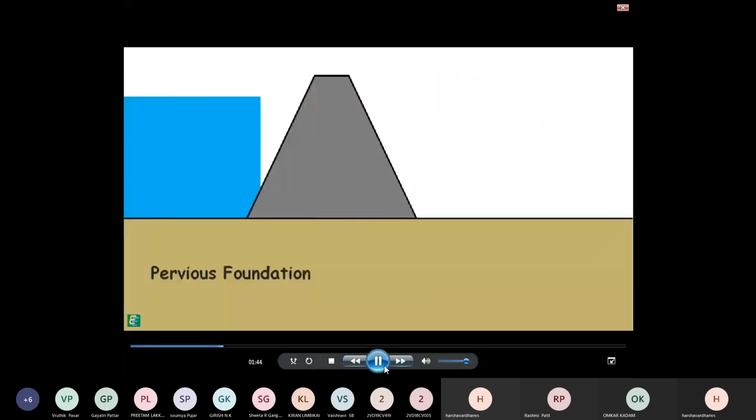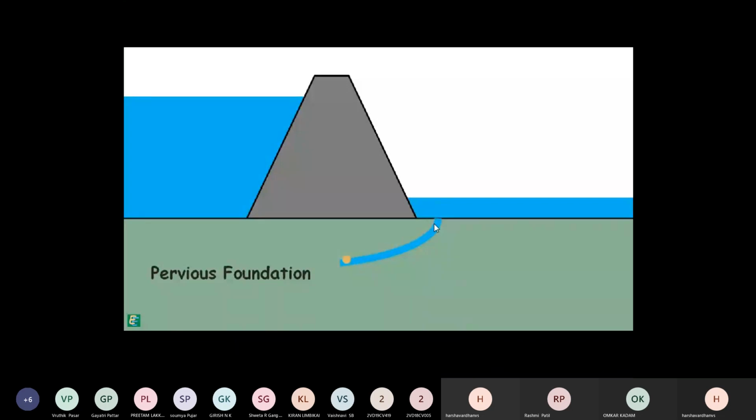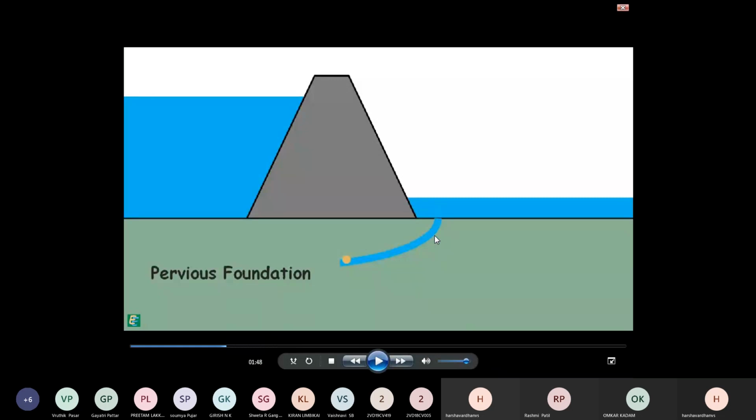Now let us consider a dam. At the exit end, because the water is seeping from upstream to the downstream, the soil particles may get loose and they will get displaced.